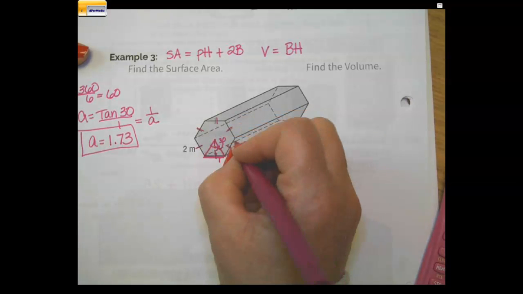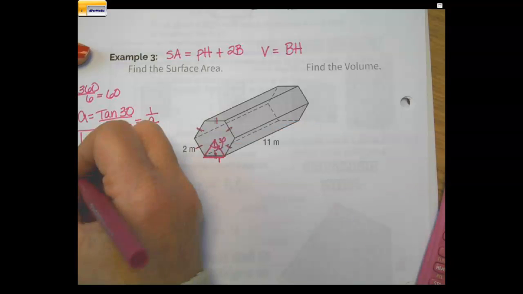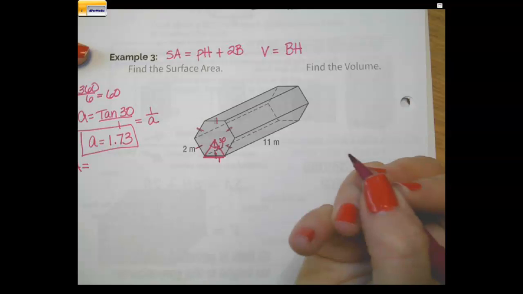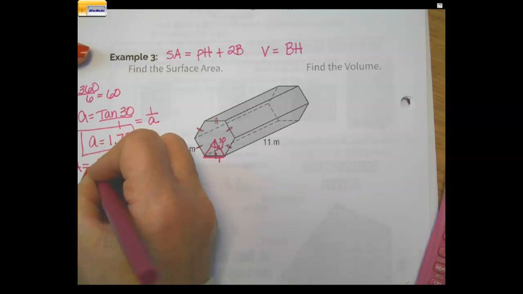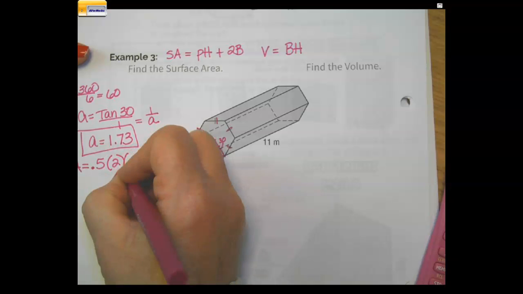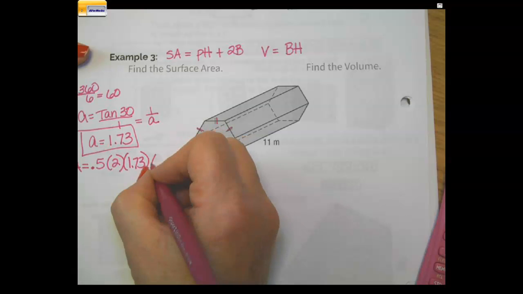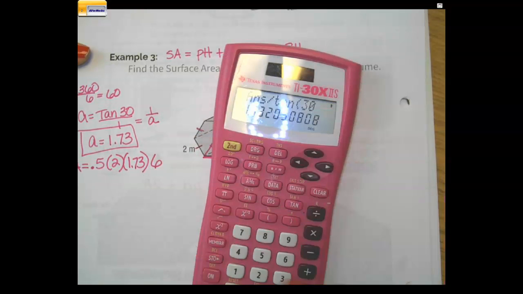So now that I have my apothem, I can use the formula that we used the other day. So I have 6 triangles. So area of my base, I'm going to make that a big A, equals 1/2. My base is 2. My height is 1.73. And then I'm going to have 6 triangles. So let's punch that into my calculator.